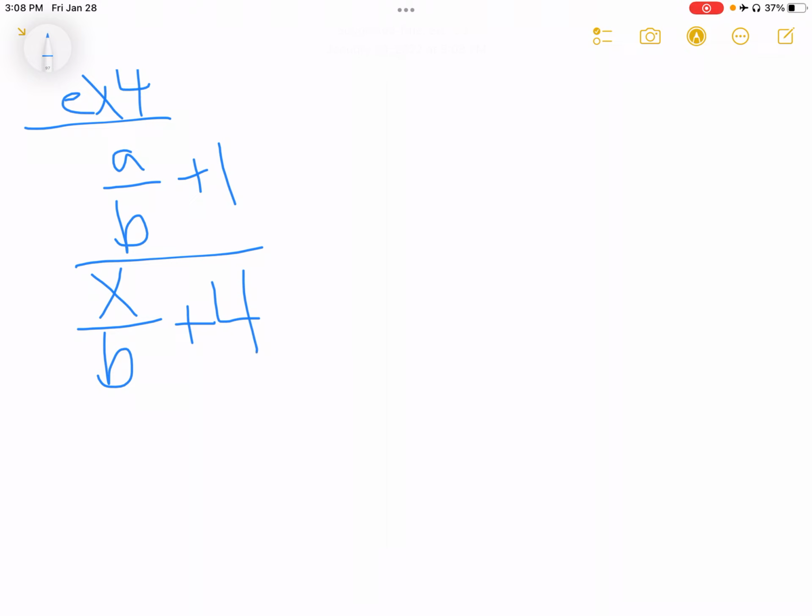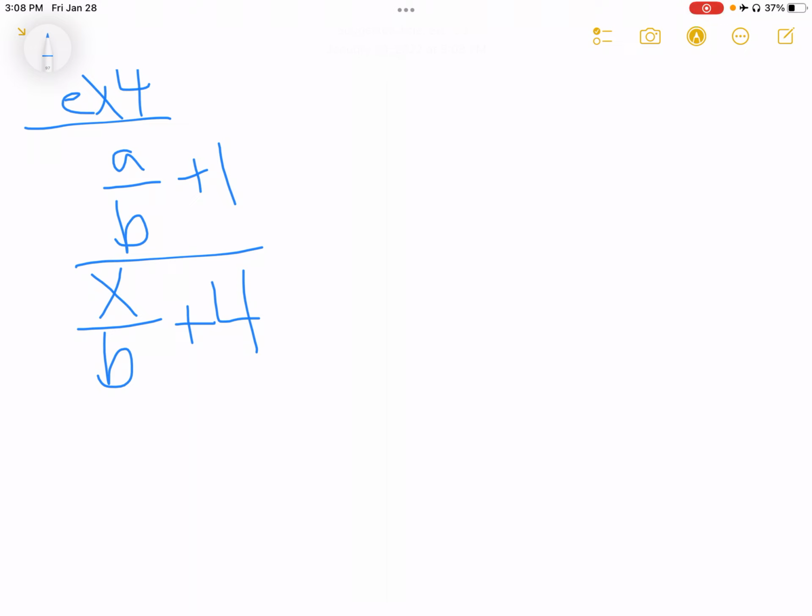We have a over b plus 1 on the top, and on the bottom we have x over b plus 4. We want to simplify before we can add those.